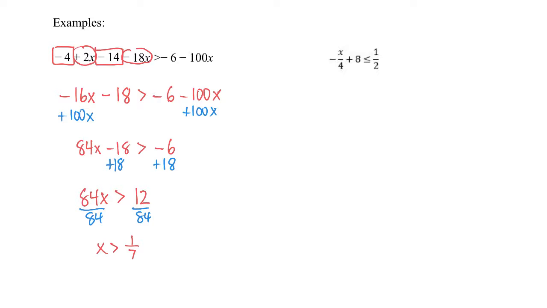Okay, so here is my solution set. Don't be afraid of the fraction. I could put this in set notation. Remember, all x such that x is greater than 1/7. We learned that back in lesson 11, I think it was. Or I could put this on a number line.